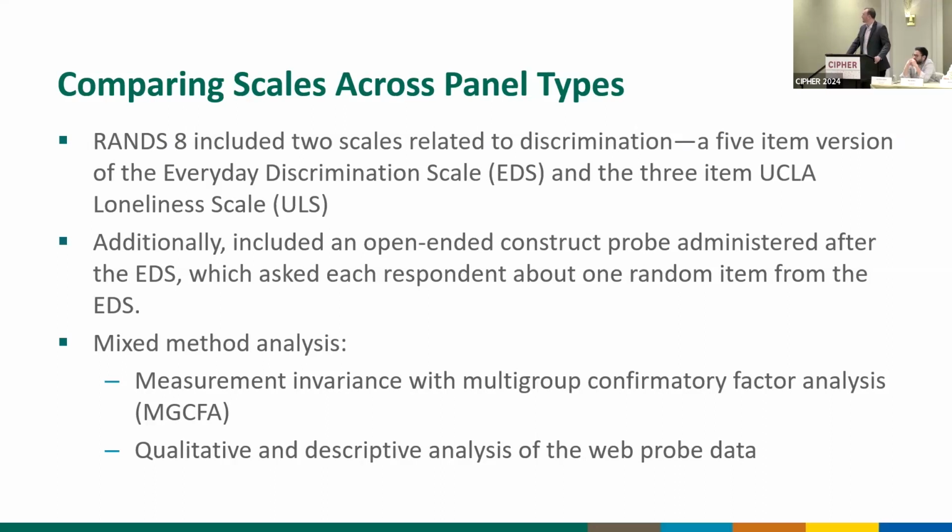Additionally, after the discrimination scale, we asked a couple of web probes, and I'll go over that data as well. So what I'm going to talk about today is a mixed method analysis, looking at the difference in measurement properties between the two types of panels. I did measurement invariance with confirmatory factor analysis, and then some qualitative and descriptive analysis of the web probes.